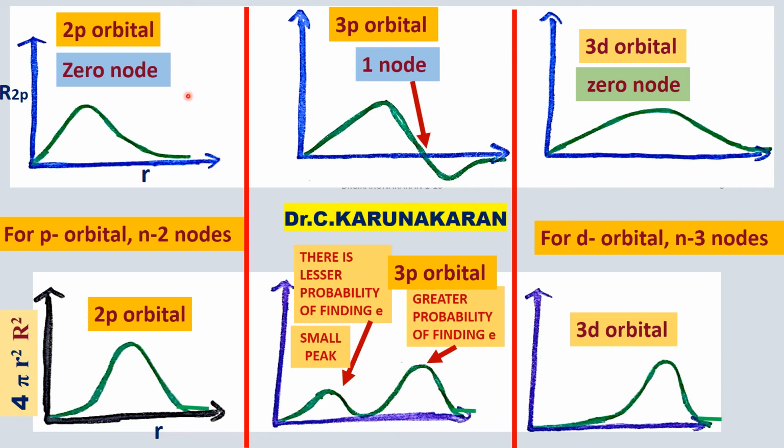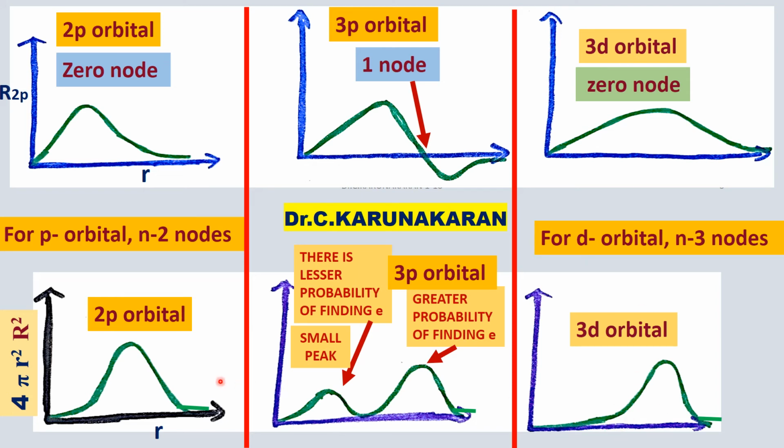Here again we have compared the radial wave function curves with the radial probability curves. This is the radial probability curve for the 2p orbital, 3p orbital, and 3d orbital.